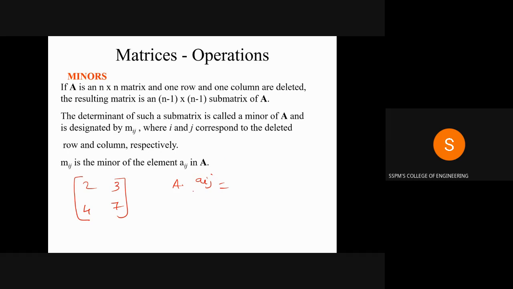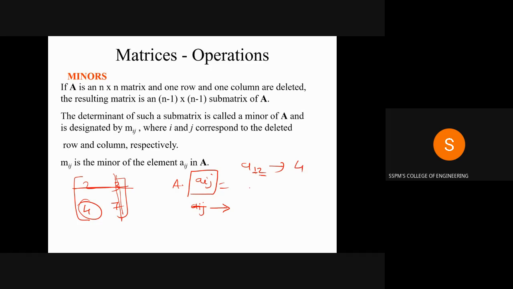You just have to delete. Suppose minor for A12. This suggests the number of row and this suggests the number of column. So you just have to delete first row and second column. Then the minor will be 4.